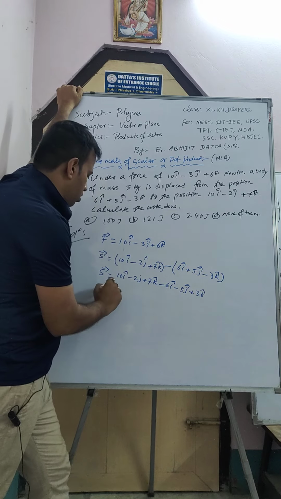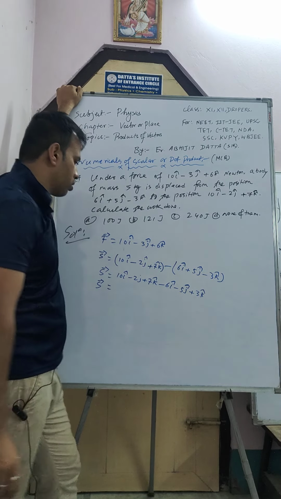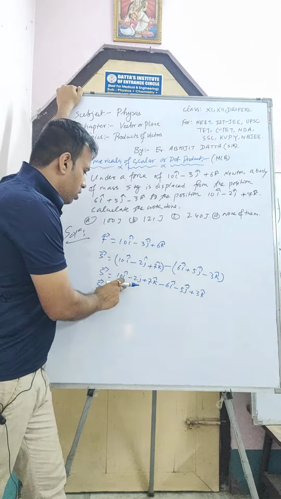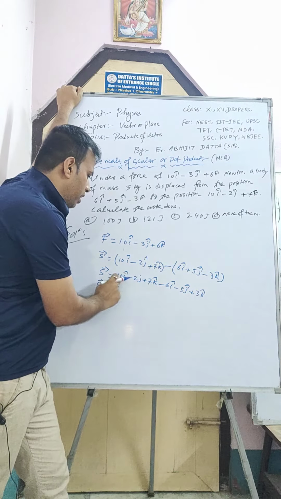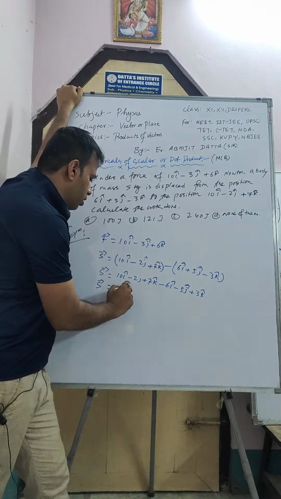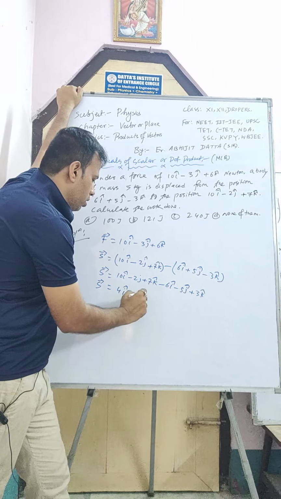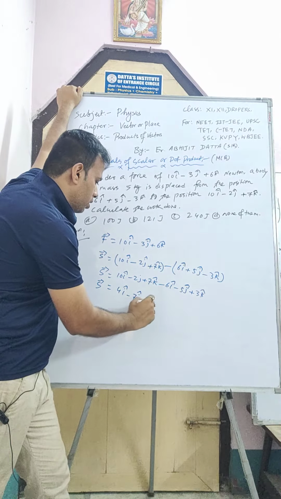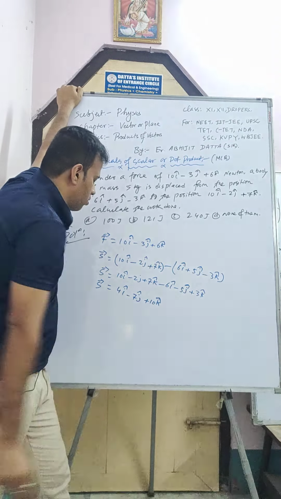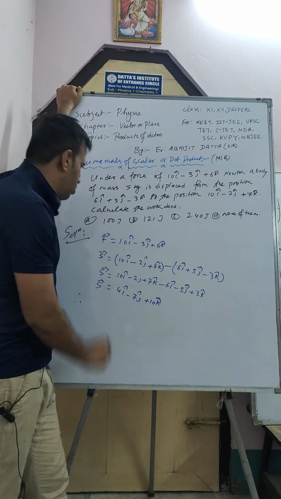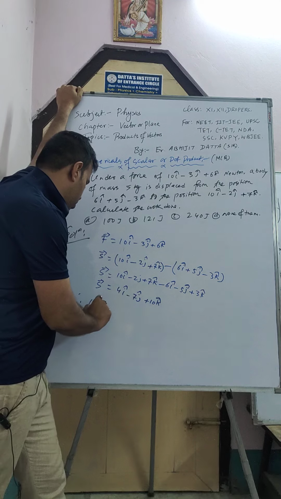Okay, so now 10 minus 6 is 4i, minus 2 minus 5 is minus 7j, and 7 plus 3, that is 10k.